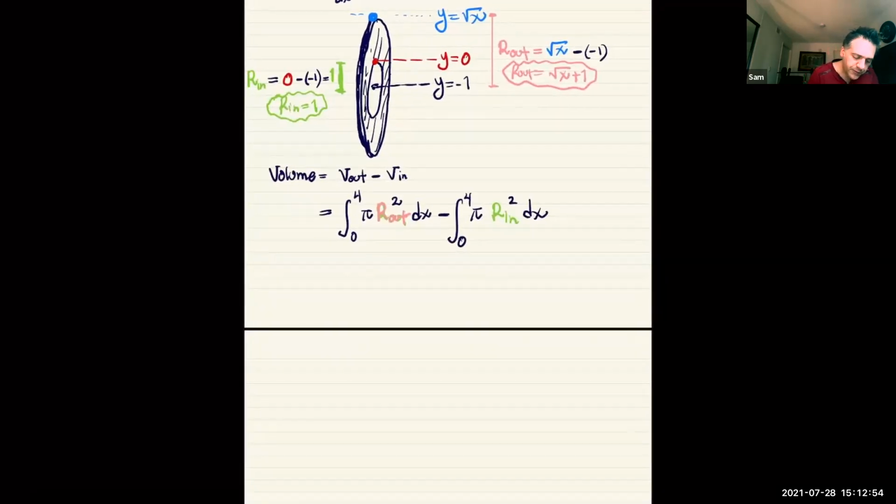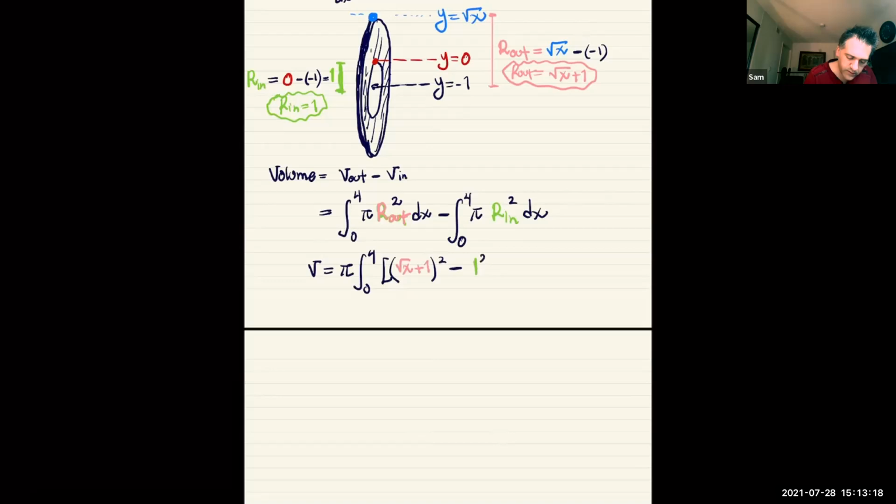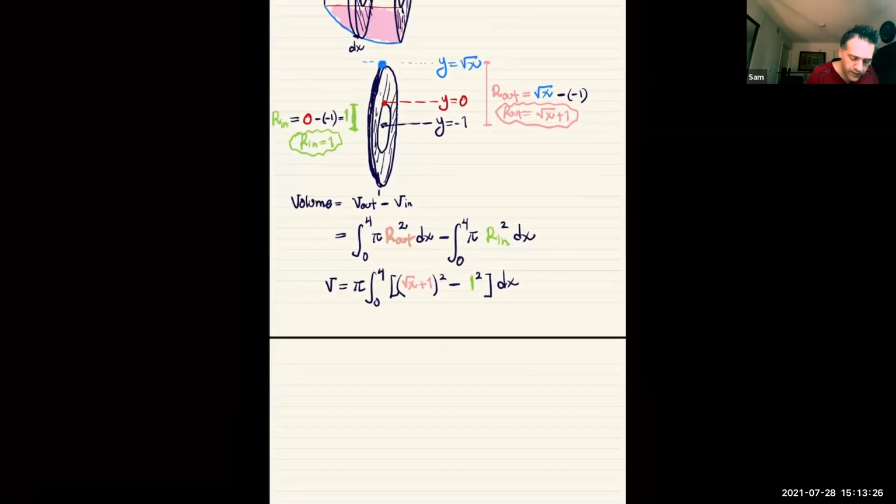Okay, so the expression for volume is equal to pi times the integral from 0 to 4 of the outside radius, square root of x plus 1, squared, minus the inner radius, which is just 1, squared. Okay, integral with respect to x. Again, dx here stands for the thickness. This is dx. Thickness of the washer.